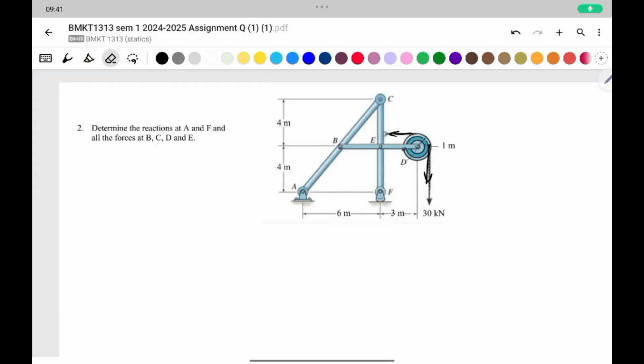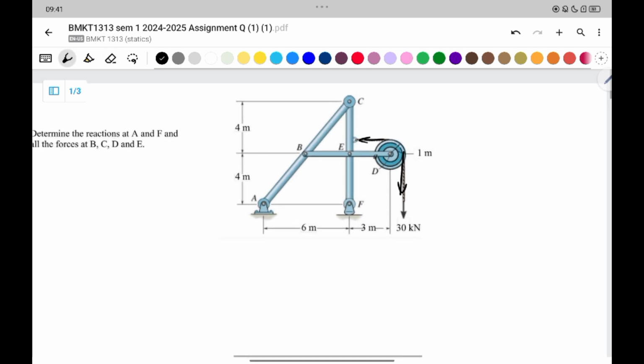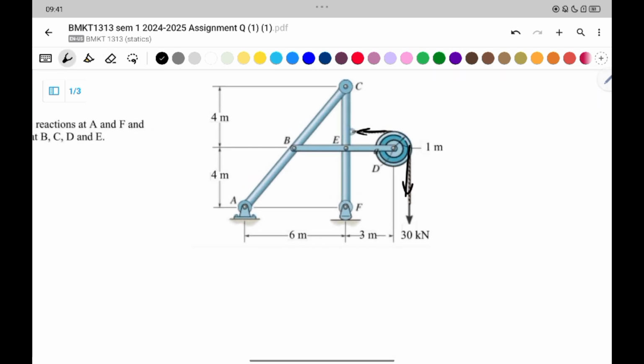Okay, so for question 2, the question is to determine the direction at A, F, and all the forces at B, C, D, and E. So first of all, we need to draw the free body diagram. We will first need to draw the free body diagram of the entire frame.